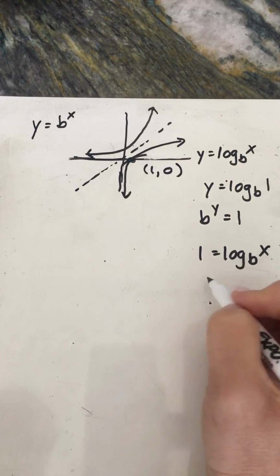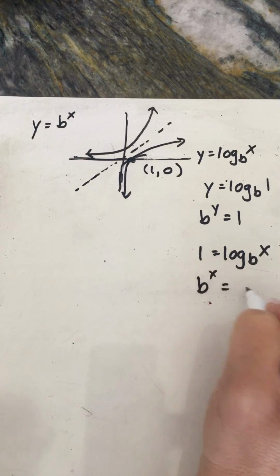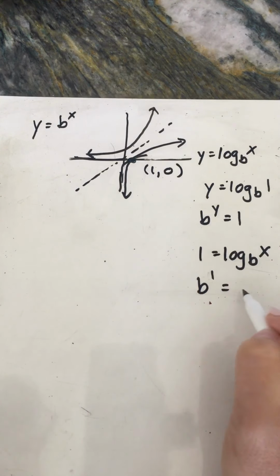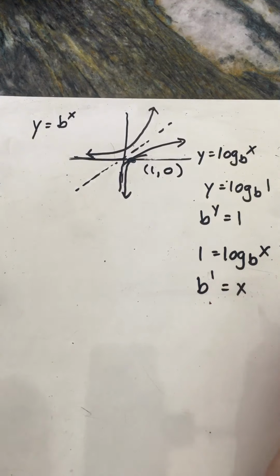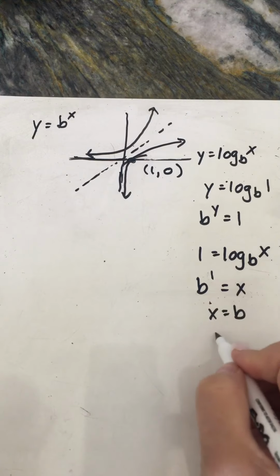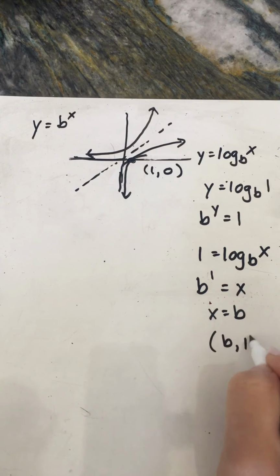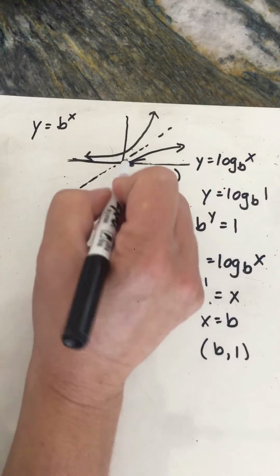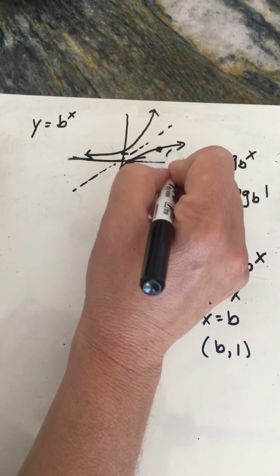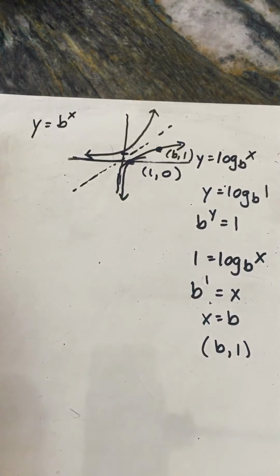Sorry about that. So b to the 1 power equals x. Anything to the first power is itself. So we will be at the point b comma 1. So if I'm up here 1, I'm going to be over here b comma 1, whatever b is.